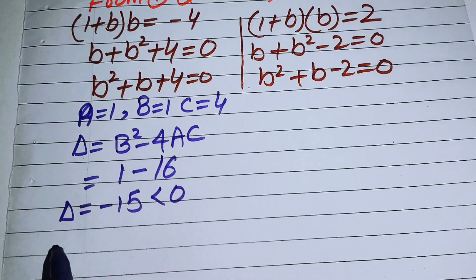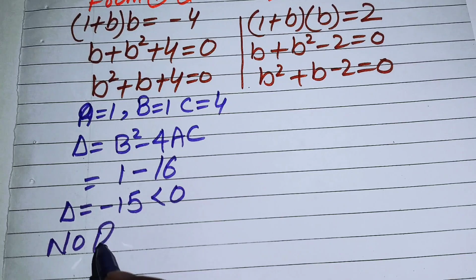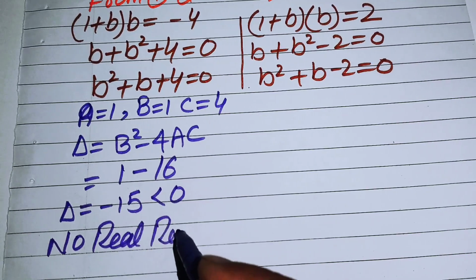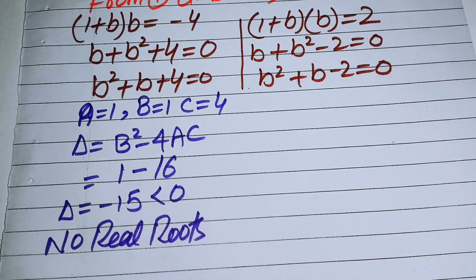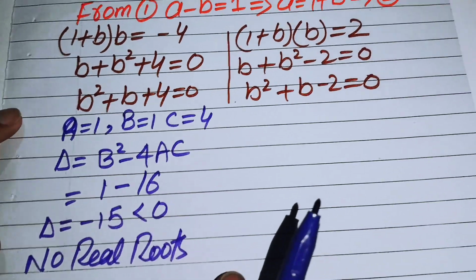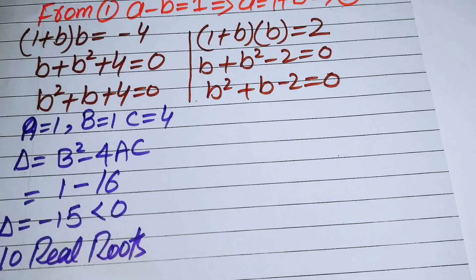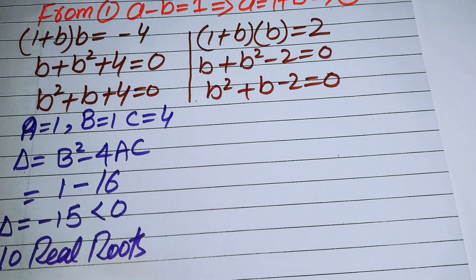So our delta is less than 0, so it means that this equation has no real roots. So we will reject this case, and we can just proceed with this case only.